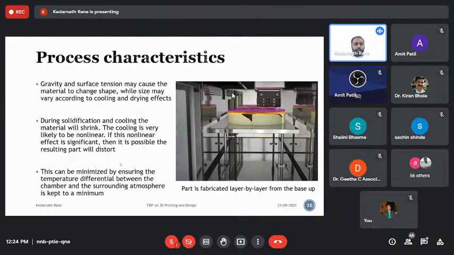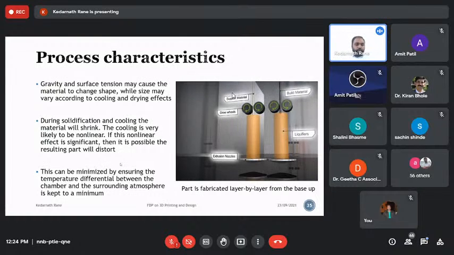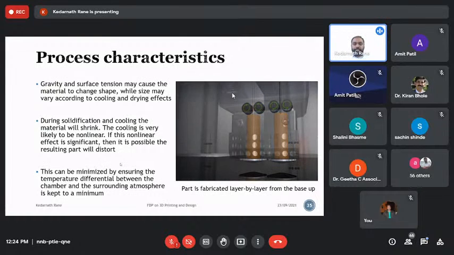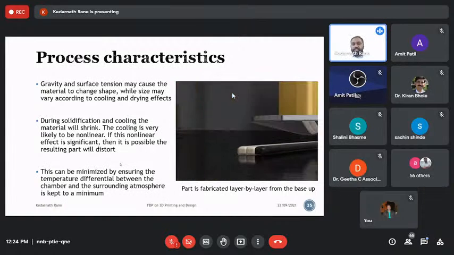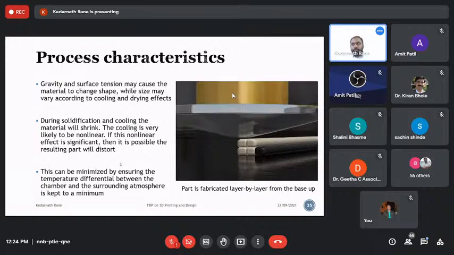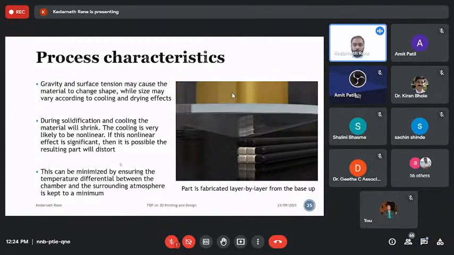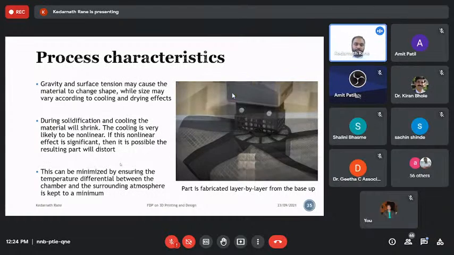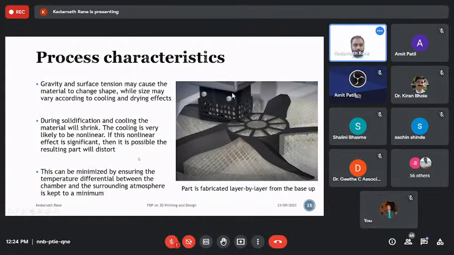When we consider temperature and different chambers, you require a surrounding atmosphere. As I said, the system requires steady state conditions or customized conditions, so that operational requirements are fulfilled for deposition as well as the stability of the part.